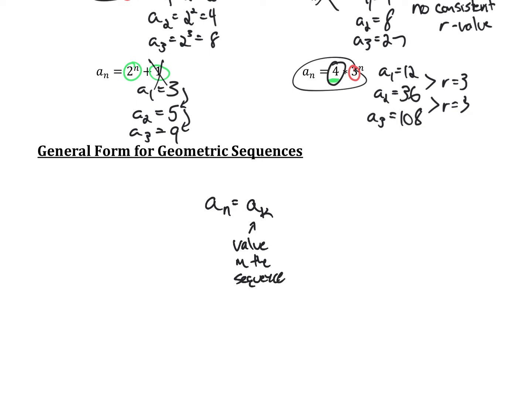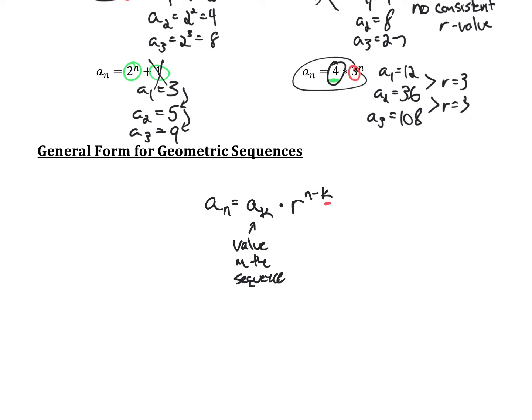Much like before, it's not the term, it's the value in the sequence, times, and pay careful attention here, r, which again we know stands for the ratio, raised to the n minus k.